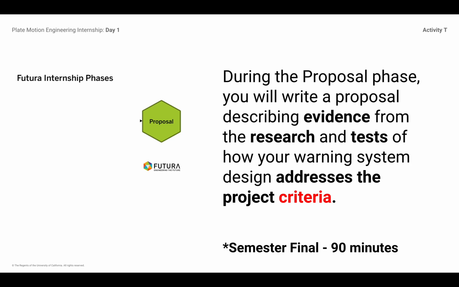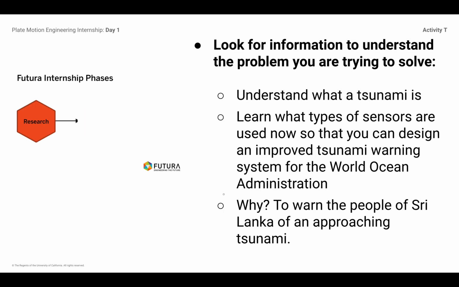And during that 90 minutes, you will write a proposal saying, this is what I did, this is the best design I think that I could make, and this is what I think you, Futura company, should design, you should make this, you should sell it, this is what our product should be. Okay, I'll explain more about that later on. Don't freak out about that. Right now, we're just in the research stage.